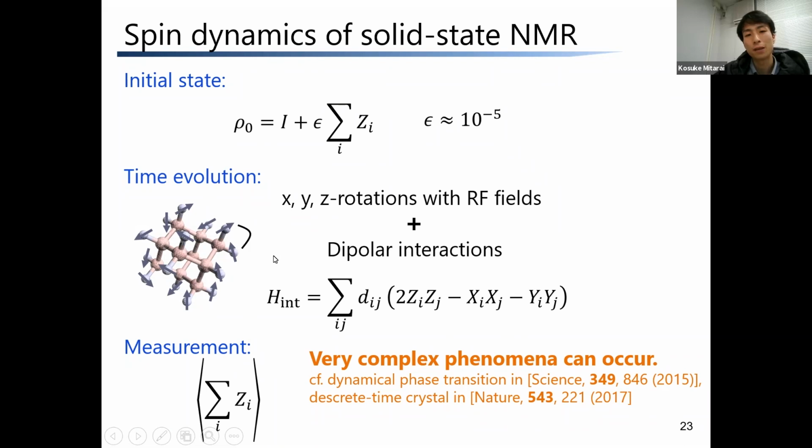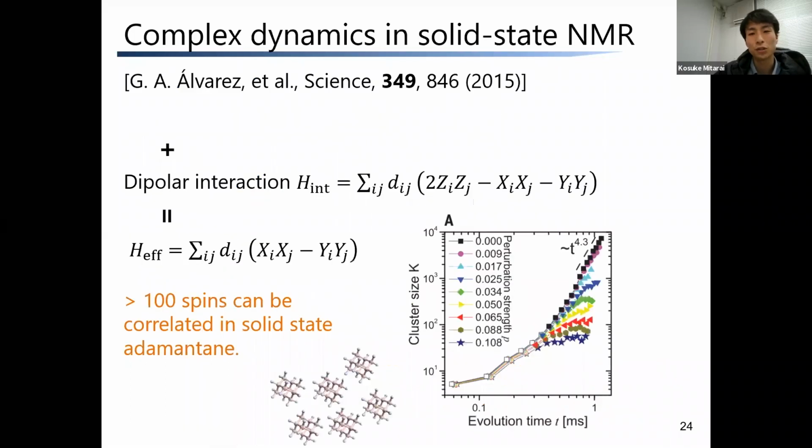But of course, you can apply these XYZ rotations to change the basis of the measurement, and also you can transform this Hamiltonian, maybe with a CNOT or something, to change the basis into ZZ or XX or something. So this is the basics of the NMR experiment, and I will use this for the machine learning.